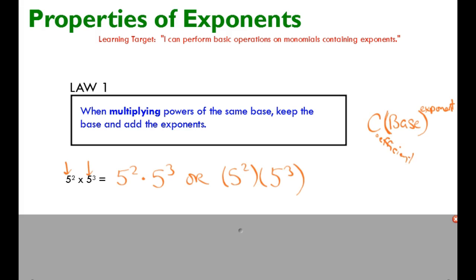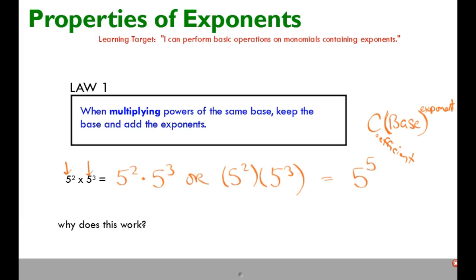In this case, the 5 is the base, so we're going to keep that base. We're going to say 5 as a base, but add the exponents. So I have a 2 and a 3 for my exponents. I'm going to add them together and I get 5 to the 5th.